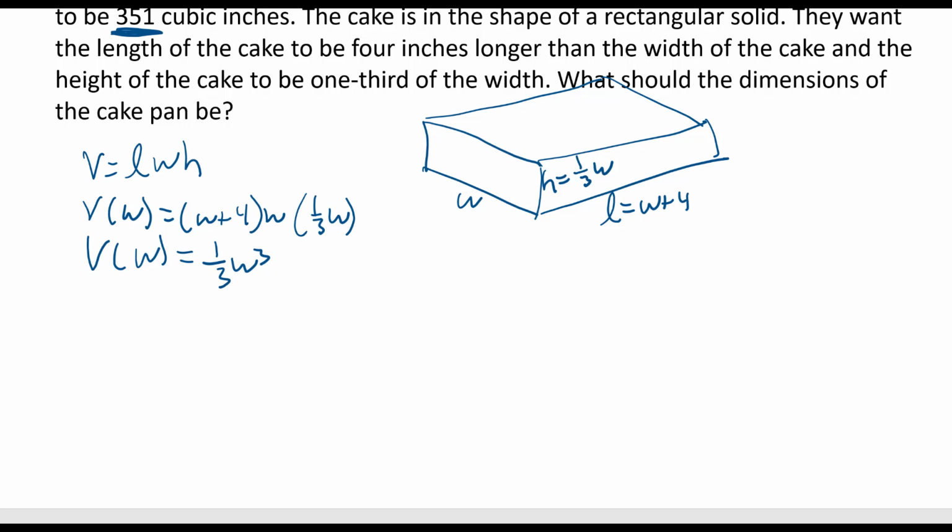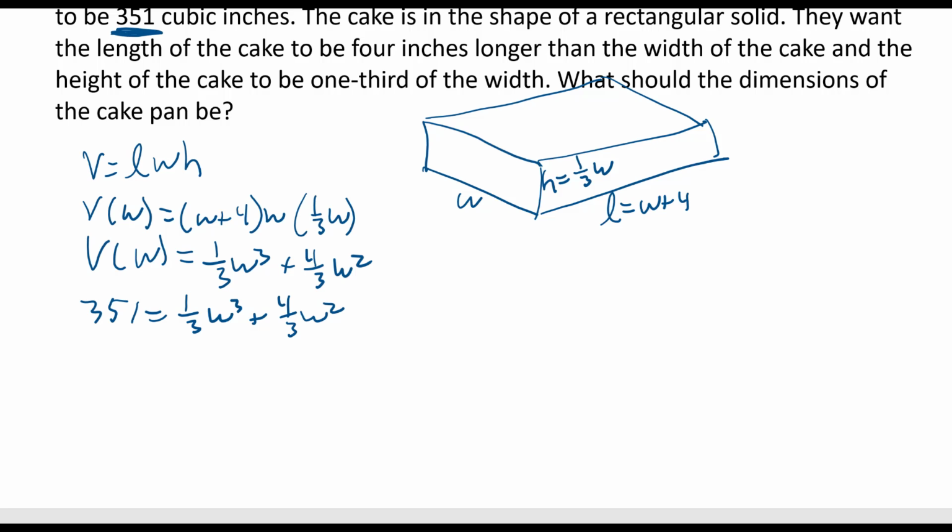Then 4 times W times 1/3 W, so plus 4/3 W squared. And our volume, we know what it's going to be. It's 351 equals 1/3 W cubed plus 4/3 W squared.